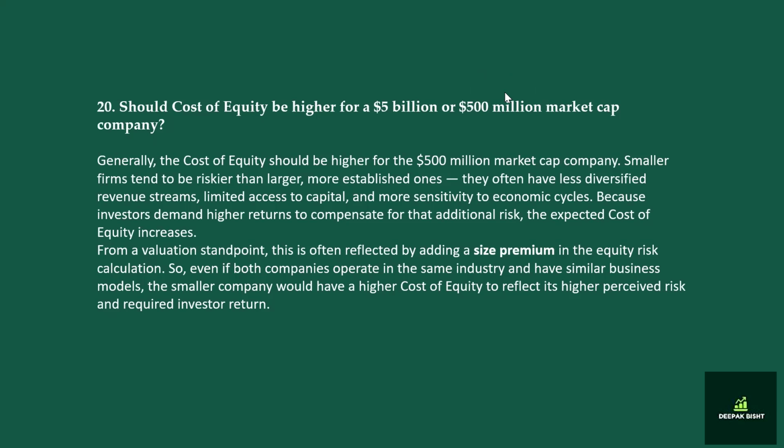All else being equal, a $500 million company should have a higher cost of equity than a $5 billion company, due to its higher perceived risk, lower financial flexibility, and historical evidence of greater return volatility. Including a size premium in the calculation formally captures this difference. So that's why smaller companies have higher cost of equity.